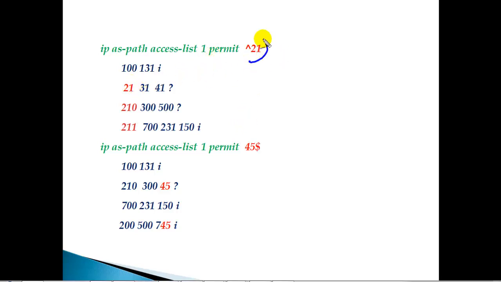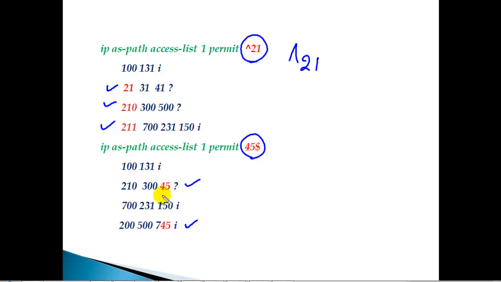So if you give this symbol 21, it's going to match all whichever starts with 21 in the beginning. And when you give $45 this symbol, it's going to match 45 in the end. So it's going to match these two, 45 in the end, and it can be 745 also.